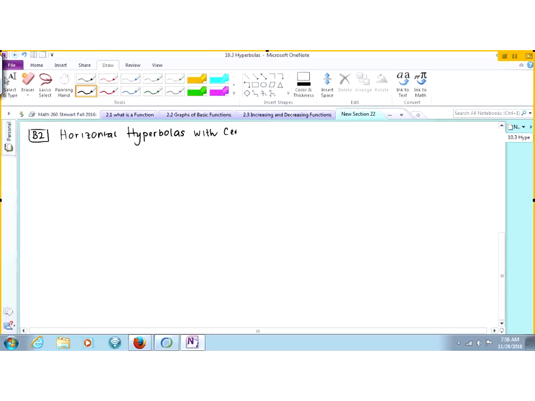And this one is with center 0, 0. So later on we will talk about translated hyperbola. So horizontal hyperbola look like this.